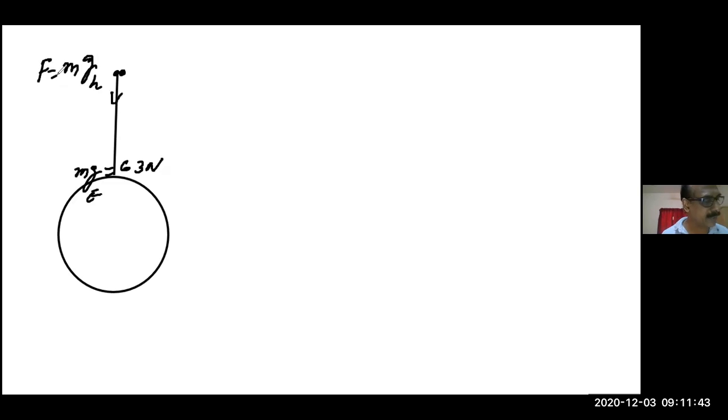What is the gravitational force on it at a height equal to half of the radius of the Earth?